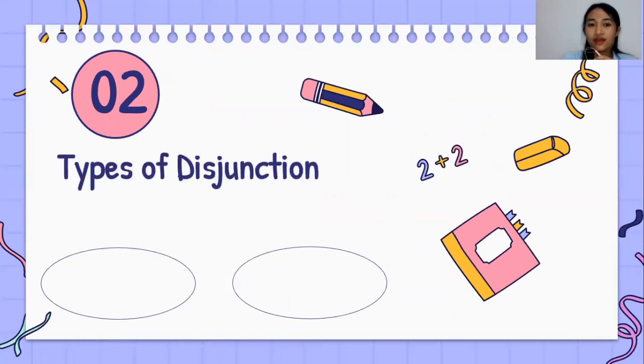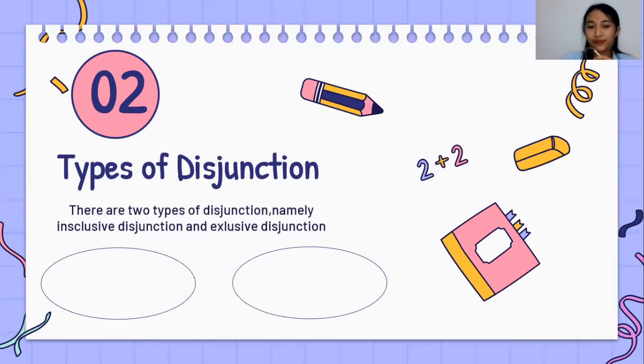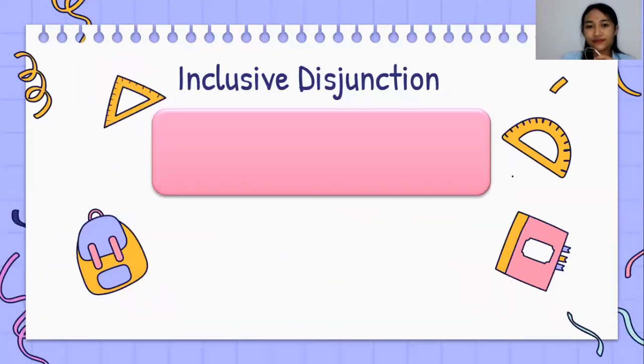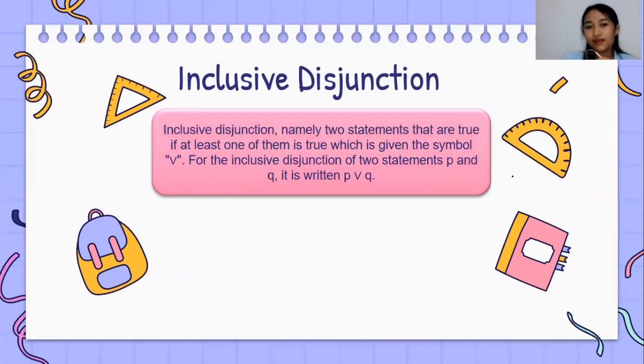And second, I will explain the types of disjunction. There are two types of disjunction, namely inclusive disjunction and exclusive disjunction. And the first, inclusive disjunction, namely two statements that are true if at least one of them is true, which is given the symbol like this.